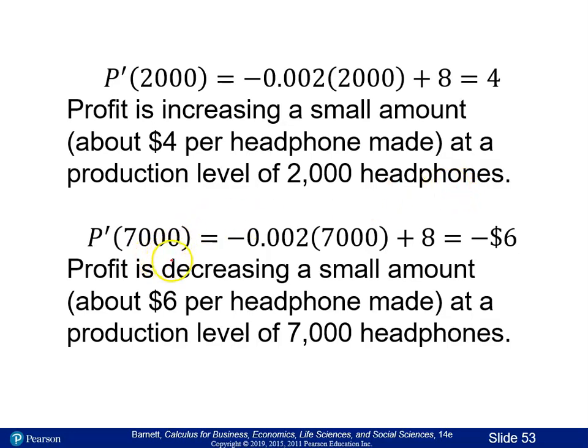This one, 7,000, profit's decreasing a small amount because it's negative at a production level of 7,000 headphones. You always have to include that at that production level so that we know where this is taking place, because it is instantaneous. It's not average or anything of that nature.